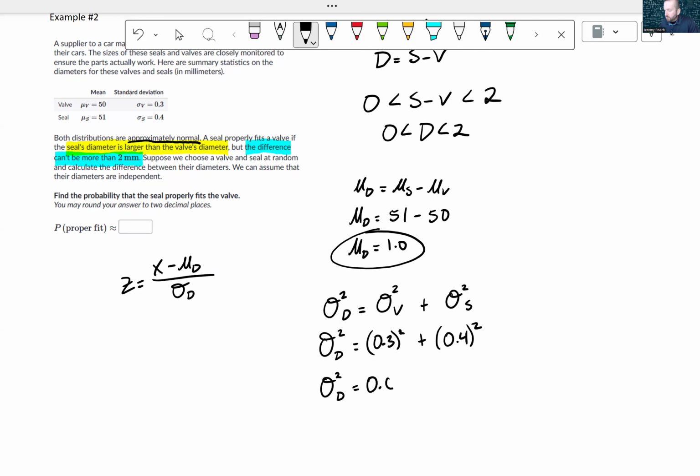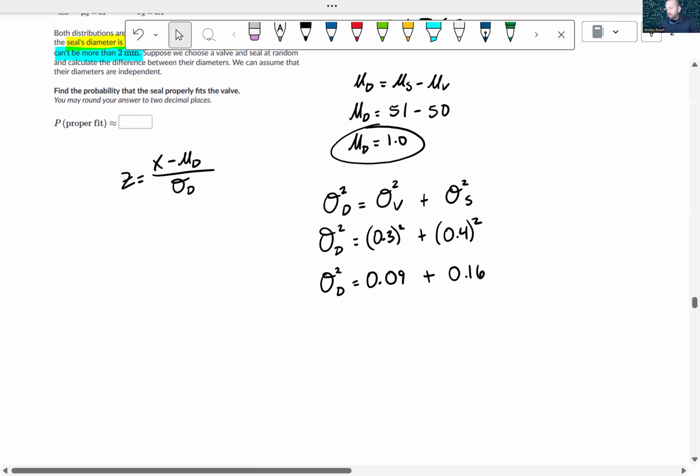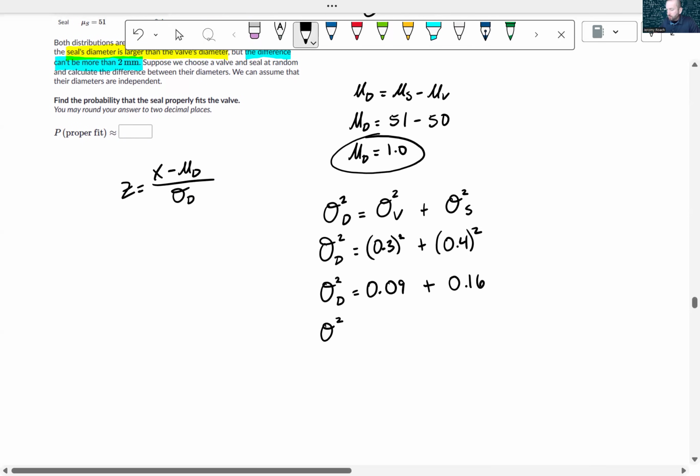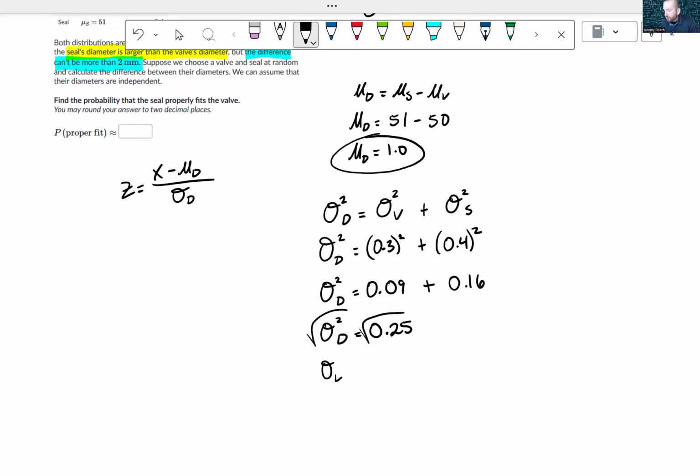And this is 0.09 plus 0.16. Okay, and then we simplify this further, and we get 0.25 for the variance of D. And then we just take the square root of both sides to get the standard deviation of D. We get the square root of 0.25, and that gives us exactly 0.5.